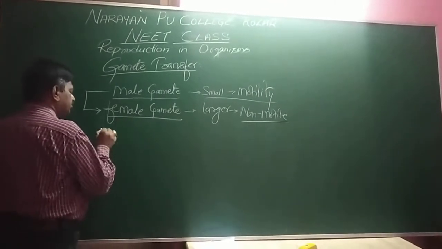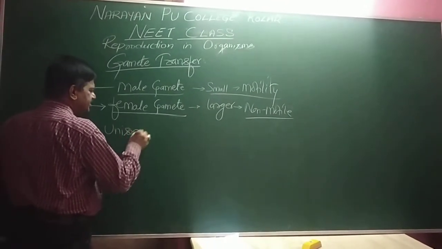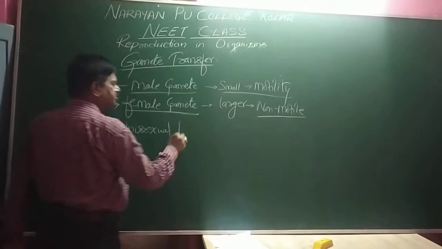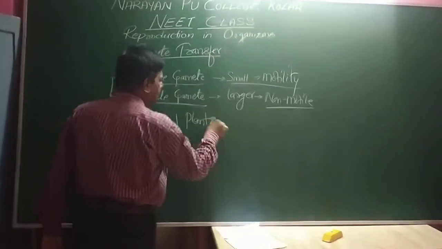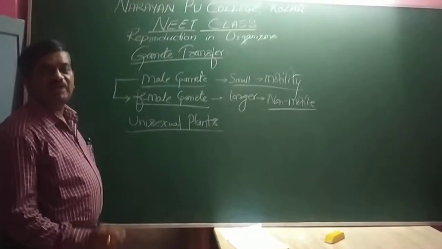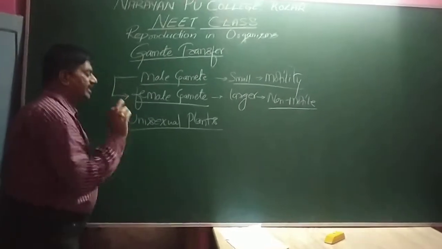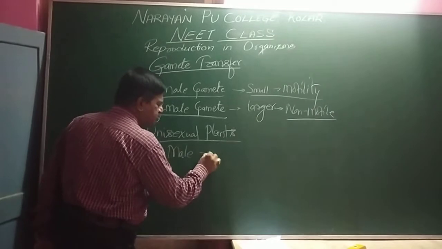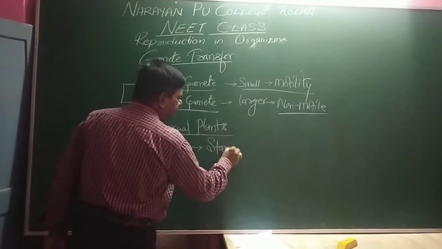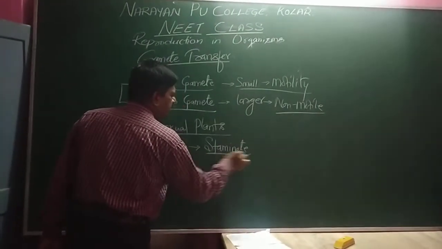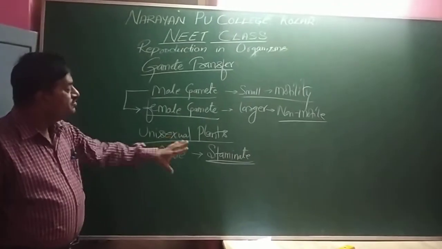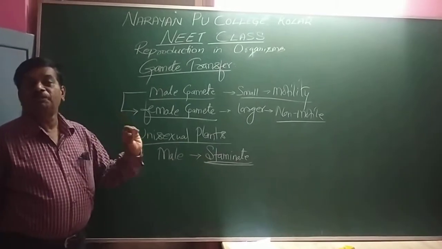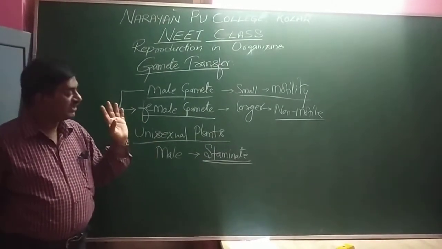When we go for some examples, like unisexual plants. In unisexual plants, the male plant will be different and the female plant will be different. The male plant is usually called staminate. They produce pollen grains. These pollen grains are transferred by different agents.